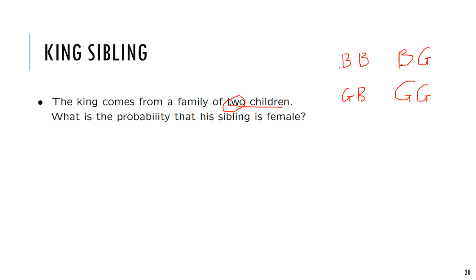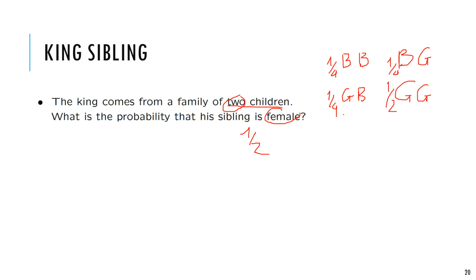Here each probability is 1/4, 1/4, 1/4, 1/4 from nature. We have the probability of a female being 1/2. Is this right? But in this case, it's a King family, so it must have a boy.